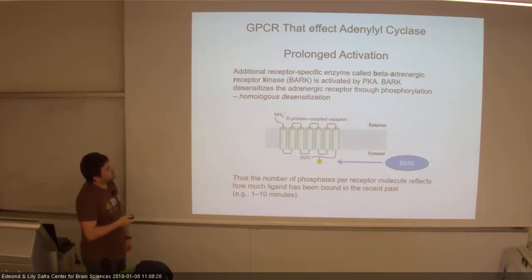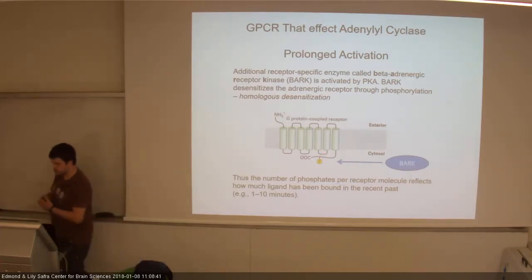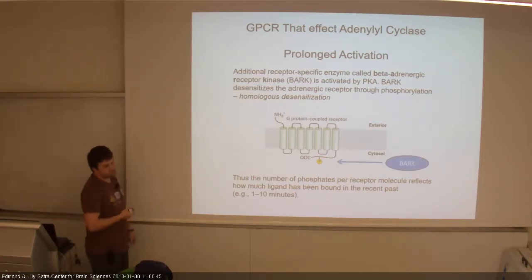BARK is activated by PKA, like we said before, that is activated by the hormone pathway itself. What BARK does is phosphorylate the adrenergic receptor in the cytosolic portion of this protein. And this phosphorylation causes a reduced affinity of this receptor to the G protein itself.